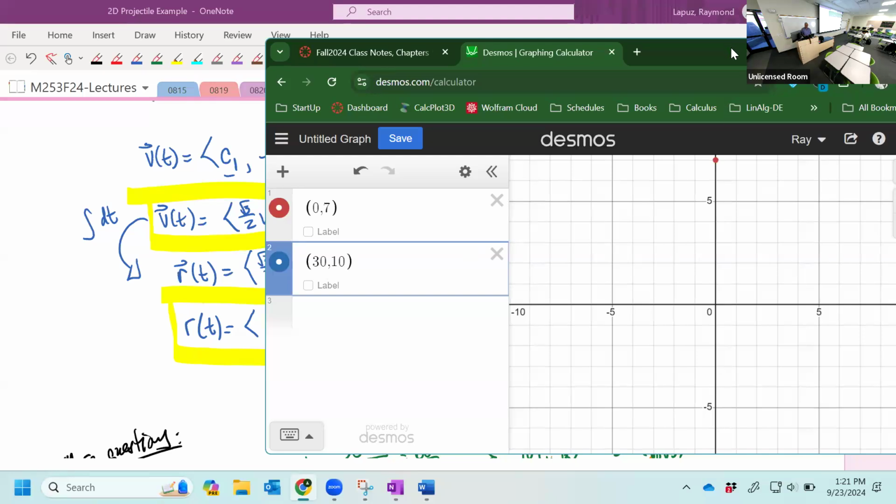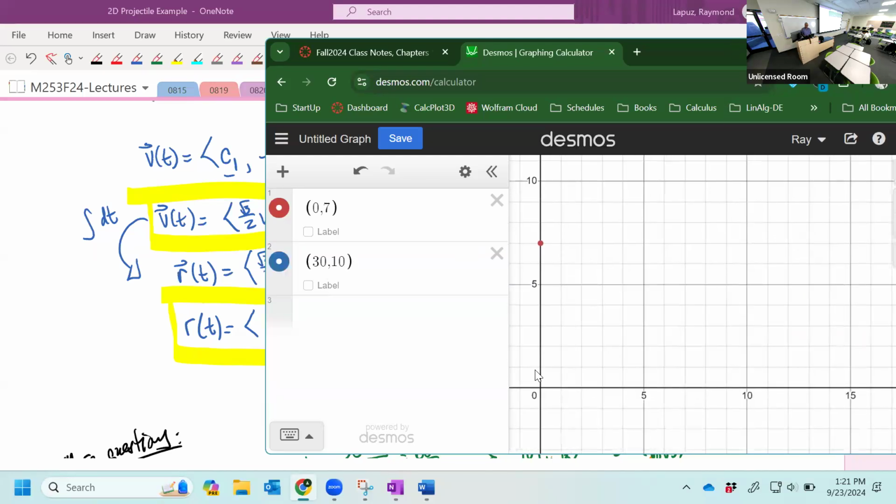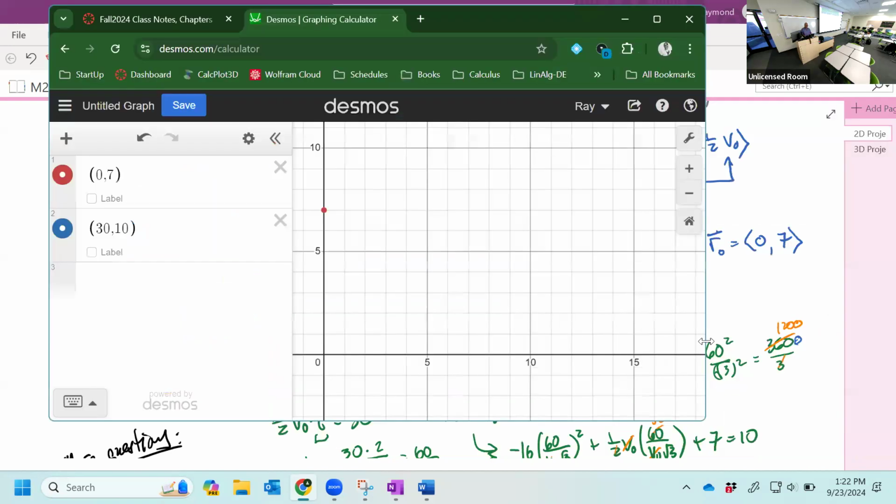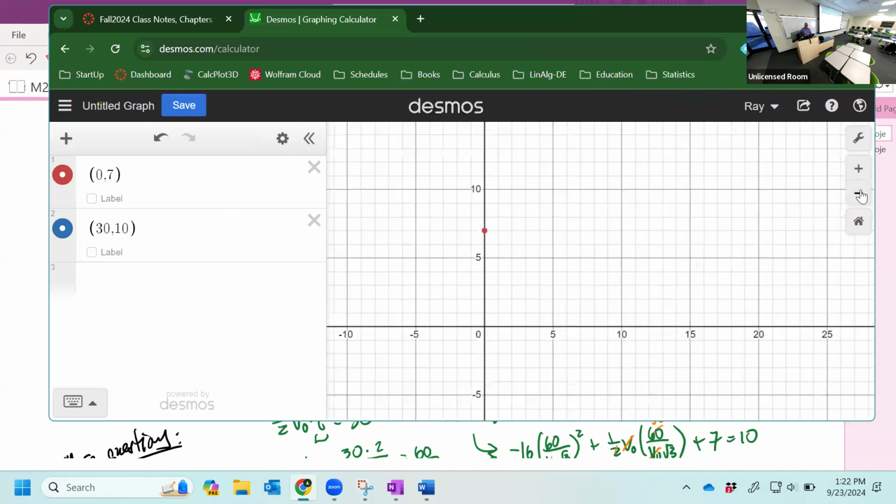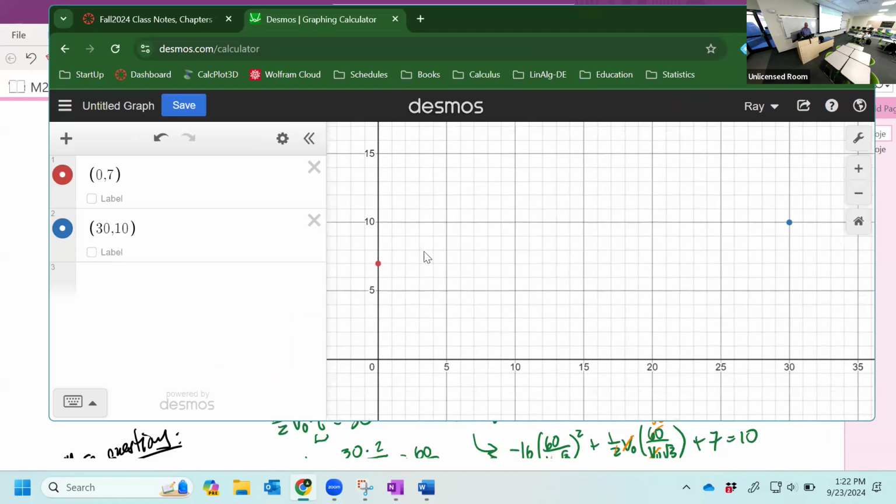So this is just going to look like a point. If you want to make it look like a basket, you can make an ellipse centered around that point that's a little bit wider. I don't want to get too fancy with that because that'll just be a time sucker. So here's the starting point and here's the ending point.